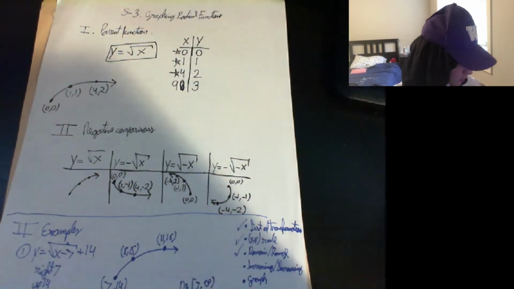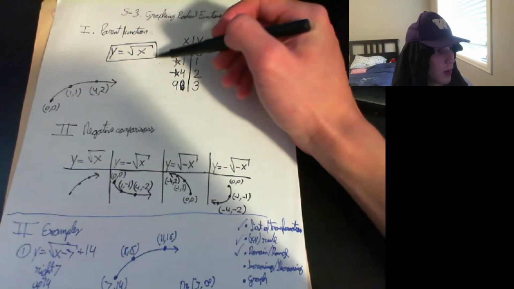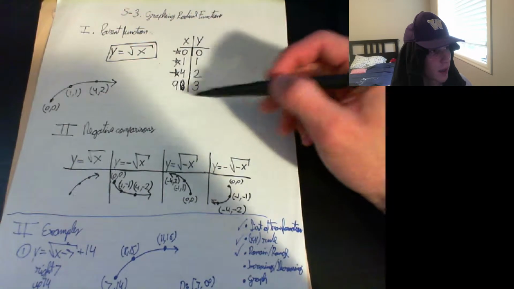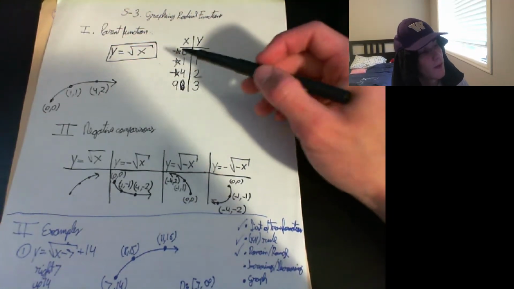So today we're going to learn about the new parent function y equals square root x. I made a chart of values here. What are the points in y equals square root of x?